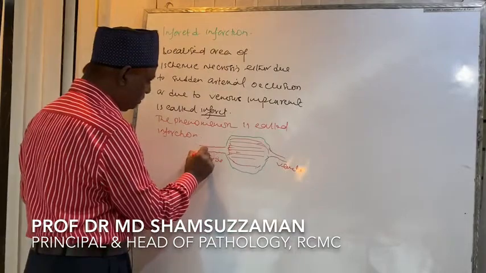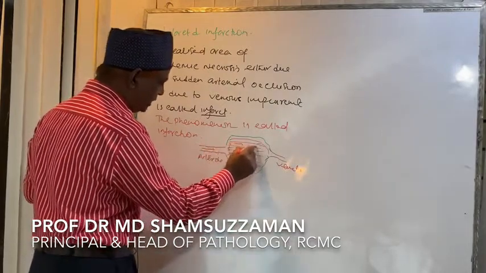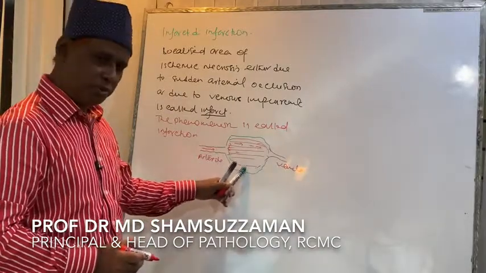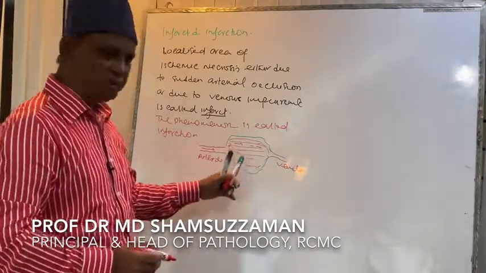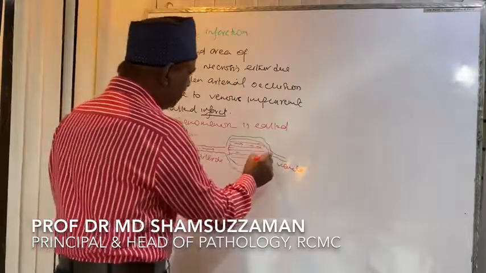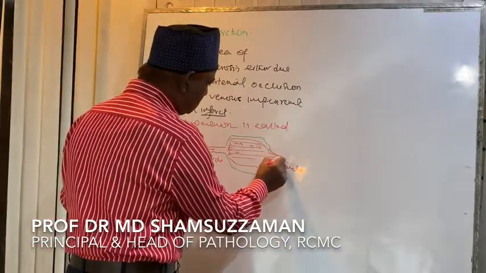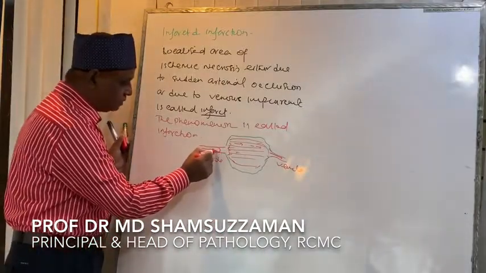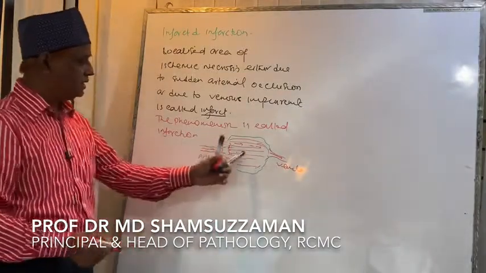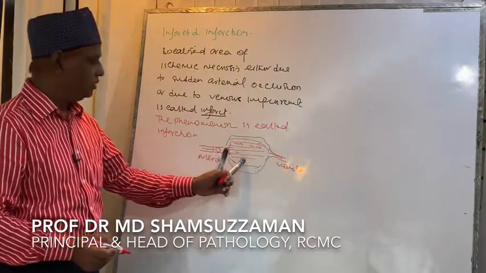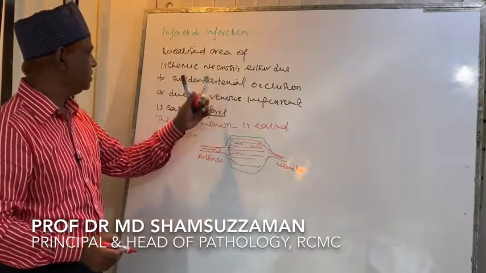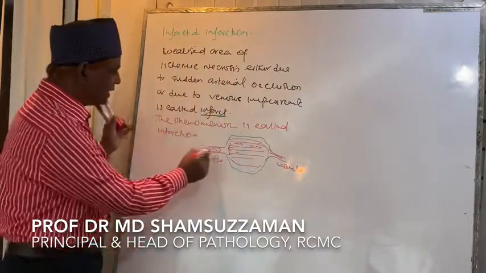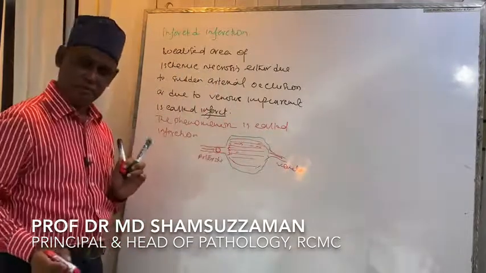You know, blood flows like this. The arterial blood entering the tissue supplies oxygen and nutrients, then the blood comes out through the venules. If there is sudden arterial occlusion, no blood is in the tissue and the tissue undergoes ischemic necrosis. So, this is the localized area of ischemic necrosis due to sudden arterial occlusion.